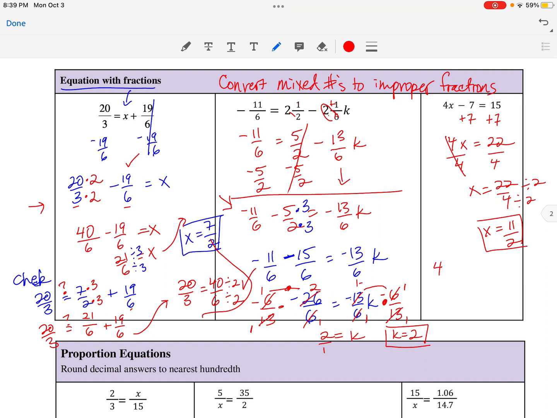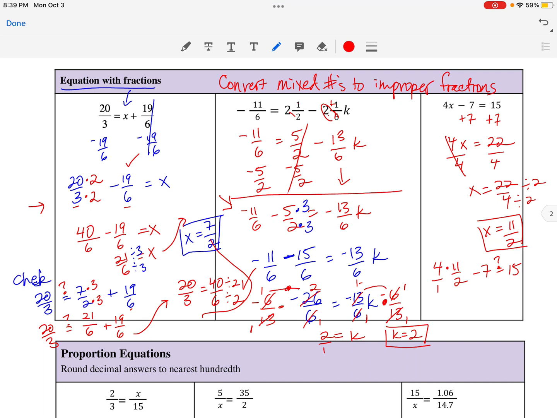Is it true that 4 times 11/2 minus 7 equals 15? We have a little question mark. Is that true? Well, when we multiply a whole number times a fraction, we put the whole number over 1. Following the rules for multiplying fractions, we multiply across the top and across the bottom.